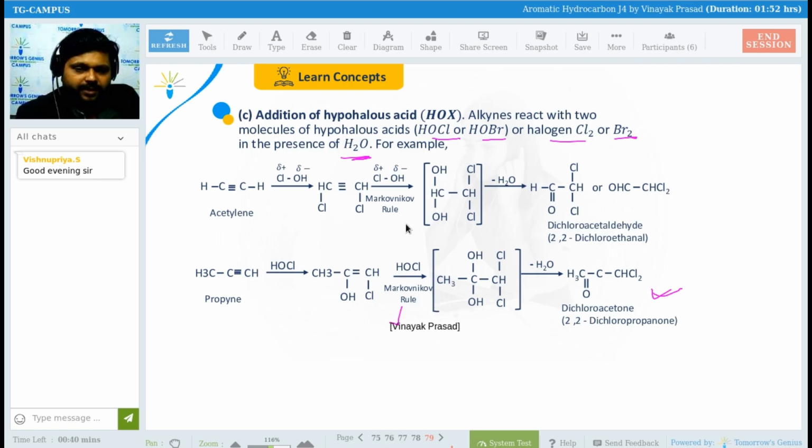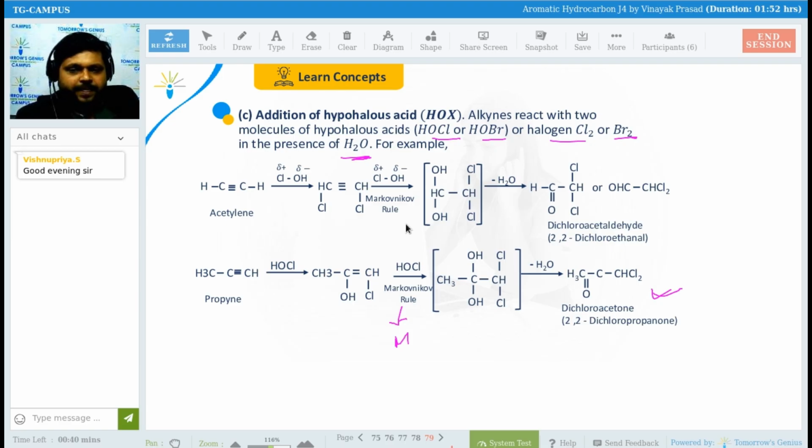We will be following the Markovnikov rule. Please check which carbon the Cl will go to and which carbon the OH will go to, guys. See here, OH is coming to this carbon. This carbon is a 2 degree carbocation and this carbon is a 1 degree carbocation.